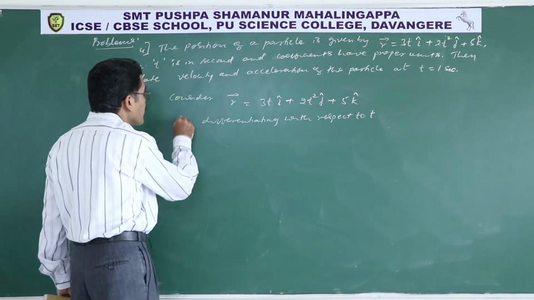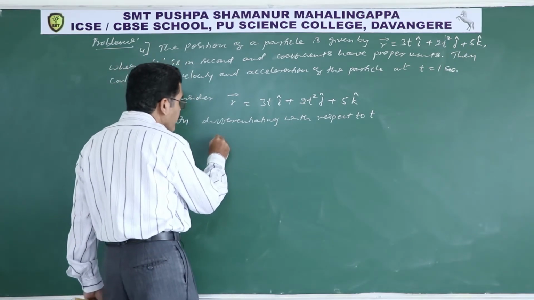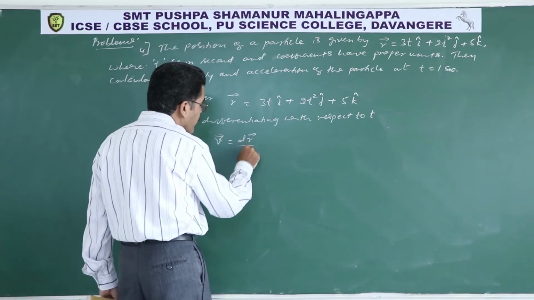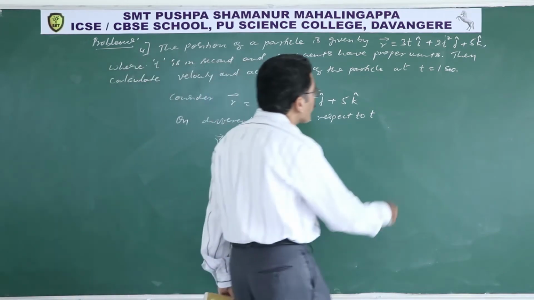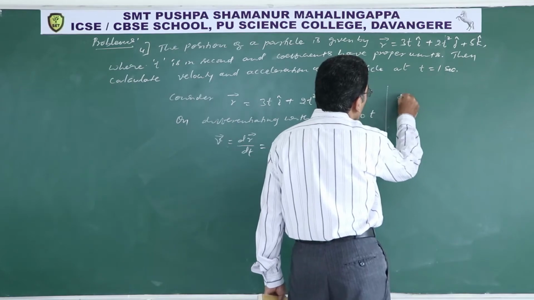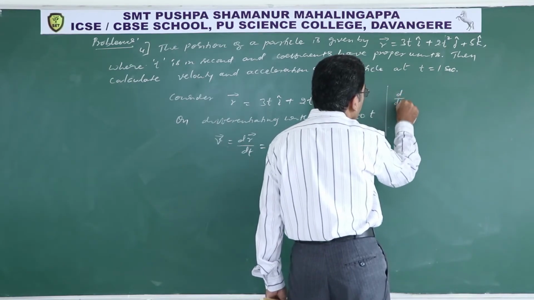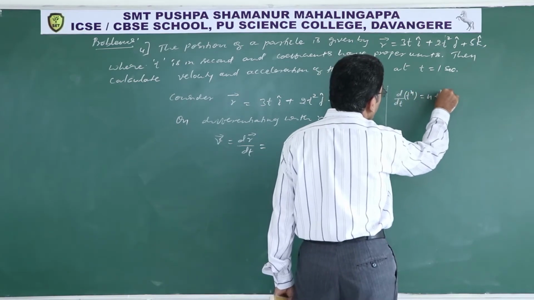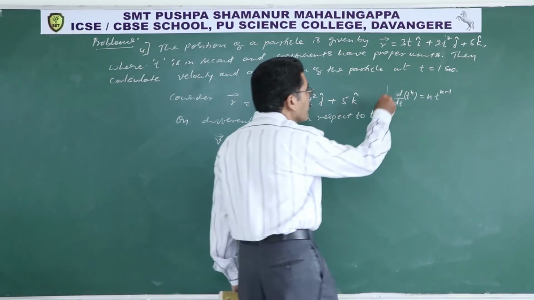So v is equal to dr by dt. Please remember the rule: d by dt of t power n gives you n into t power n minus 1. You must remember this.